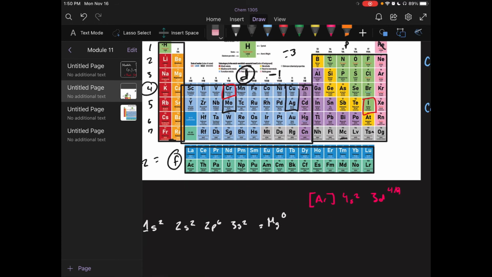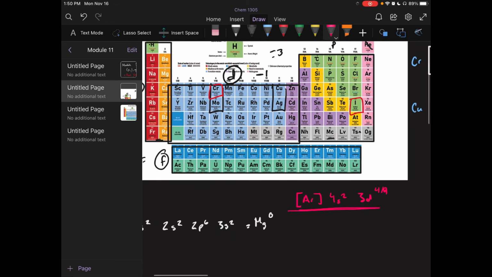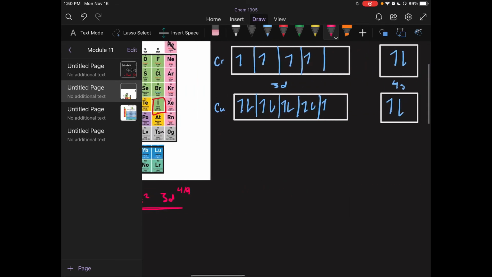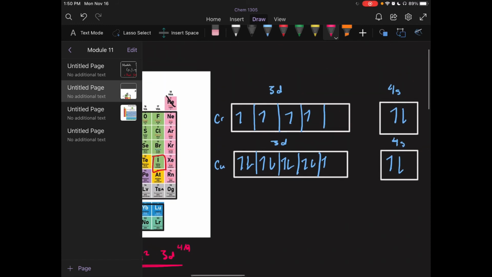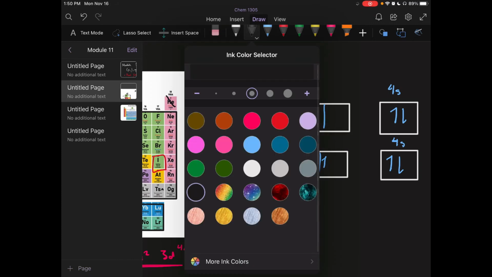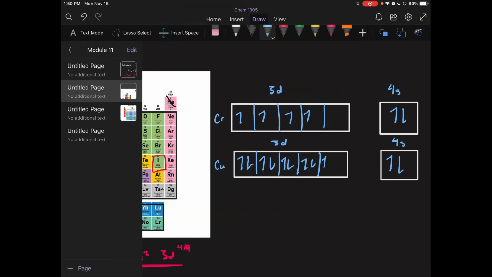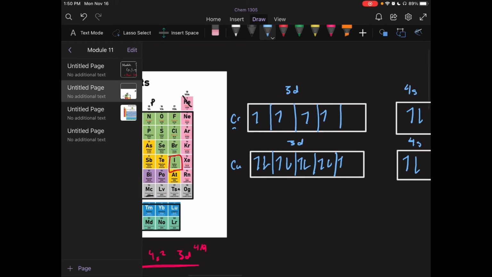For chromium and for the copper series, we expect the electronic configuration to look like this. Now, you wouldn't be wrong in thinking this, but let's visually express this using the orbital box diagrams. So the chromium orbital box diagram looks something like this, remember we have the 4s2 and then the 3d4 or 9.